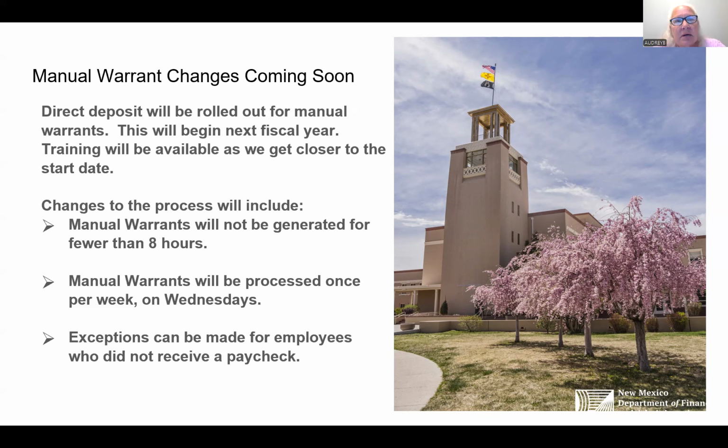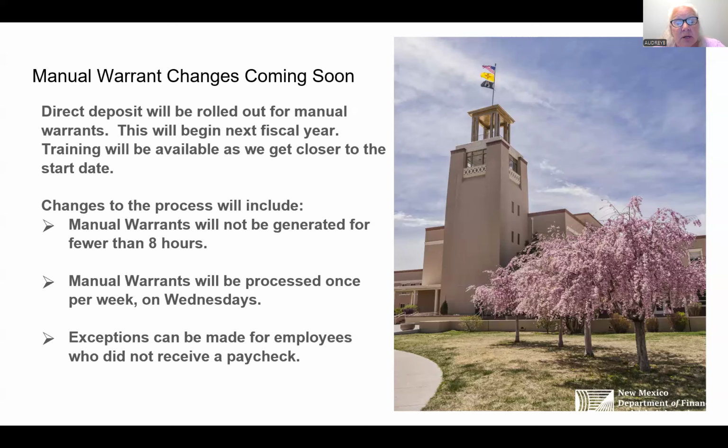If you request a manual warrant, it will automatically be sent direct deposit unless the employee has not signed up for direct deposit, which we know we're all encouraging all of our employees to do. And only if there is an exception, for instance, a 5-day payout where you need to hand the employee the check, can you request a physical check.